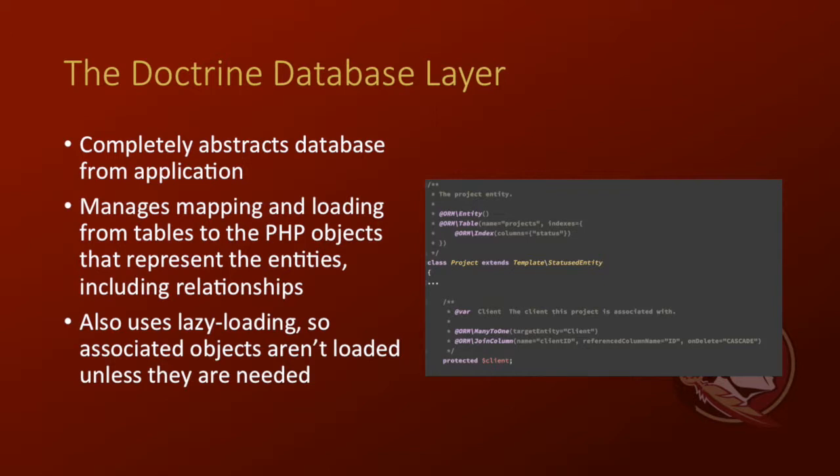And the lazy loading principle applies here too, so that means if you're working with a client object, Doctrine will automatically query the database to build the collection of associated projects, but only if your code actually accesses the projects property. So if the portion of the application that you're working on doesn't interact with the projects associated with the client, say like if you're just changing its address or something like that, Doctrine knows not to query for the project association, so you don't incur that overhead.